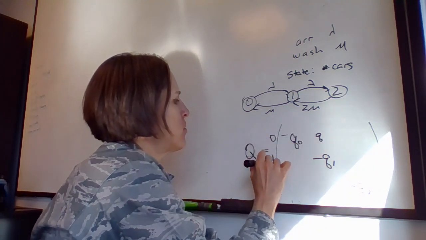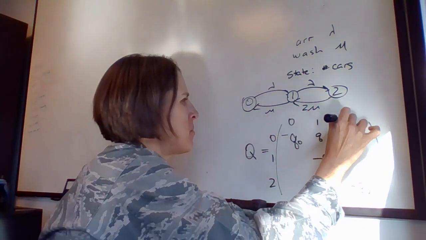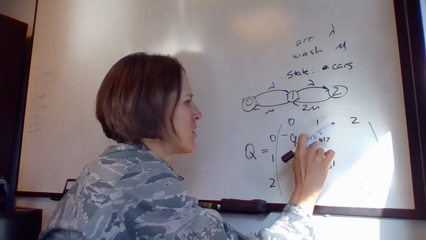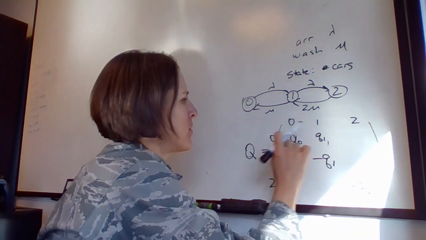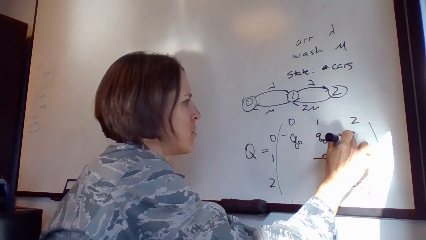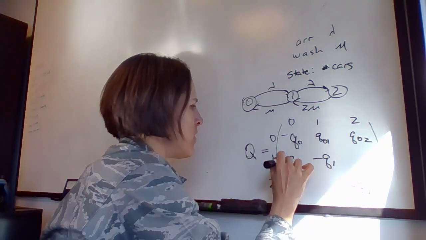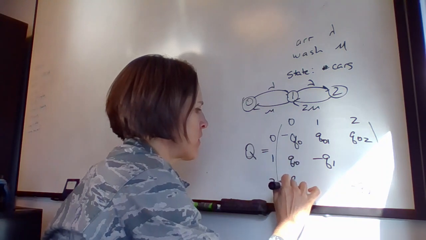So if this is 0, 1, and 2, this is the same as we did with the P matrix. This is going to be the transition rate from state 0 to state 1. This is going to be the transition rate from state 0 to state 2, and so on and so forth.